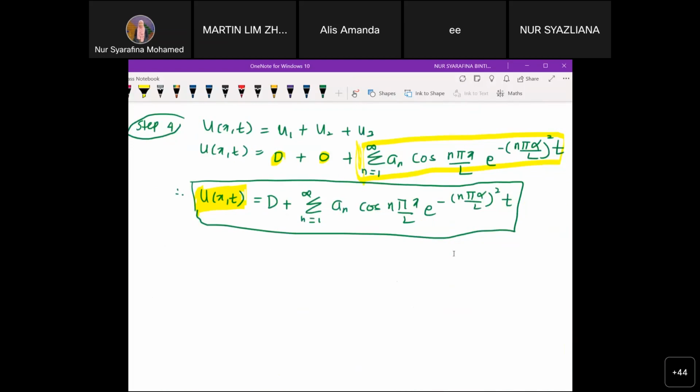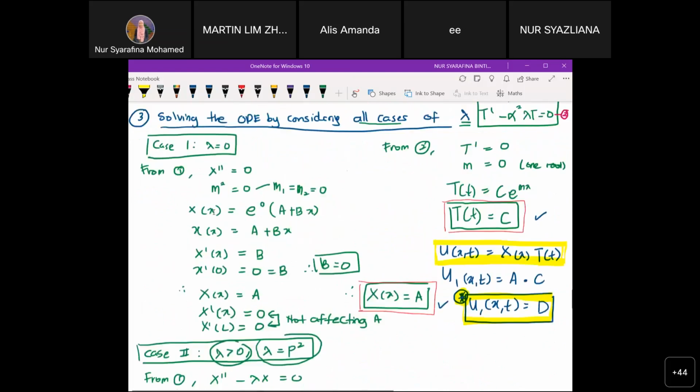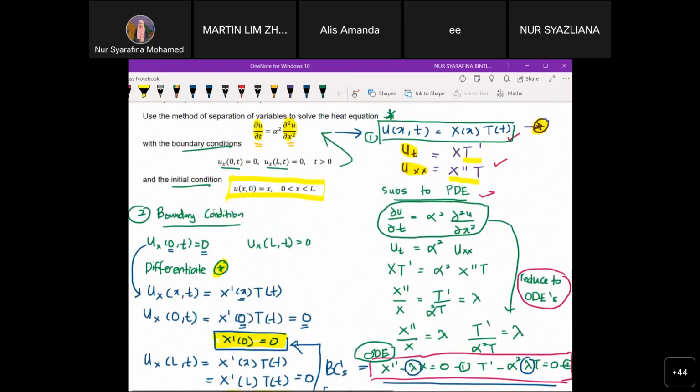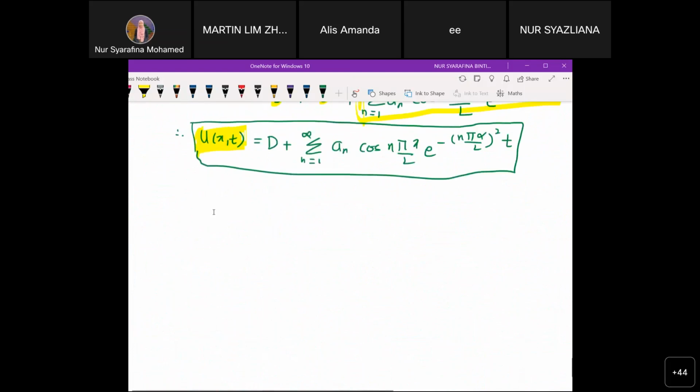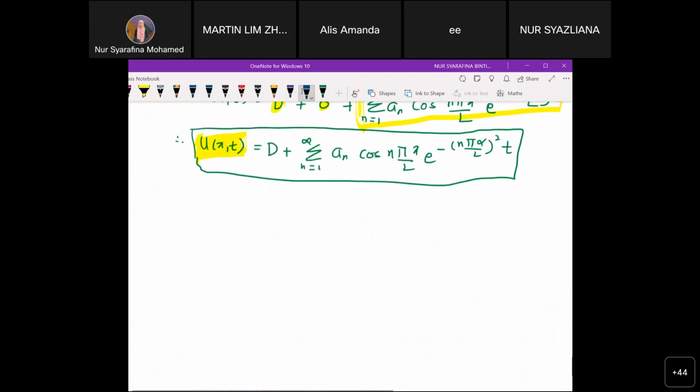You have done finding u(x,t), but we still have another condition and another constant. So you just need to apply the other given condition, u(x,0) equals x.